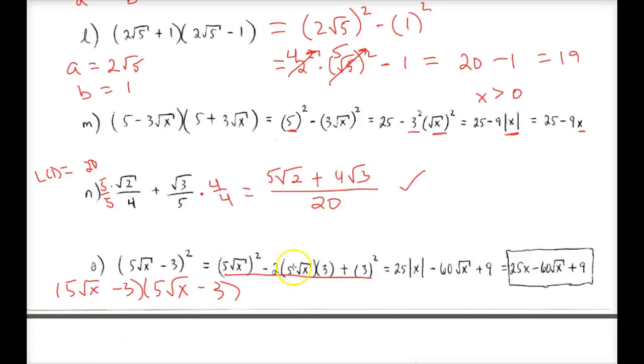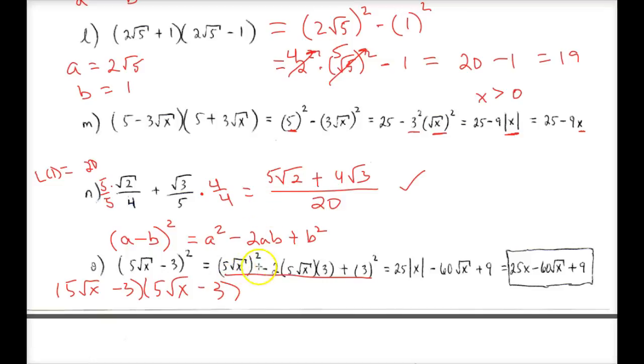The formula that I actually used is the same one: whenever we say a minus b quantity squared, it's just a squared minus 2ab plus b squared.